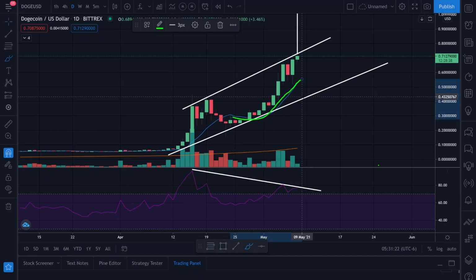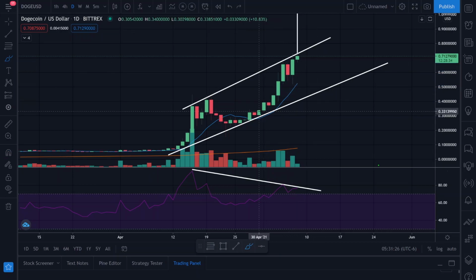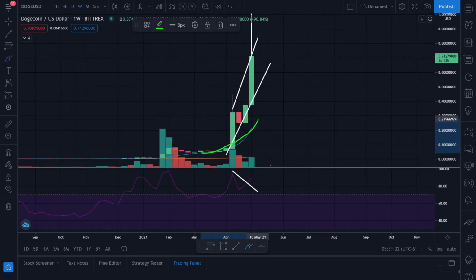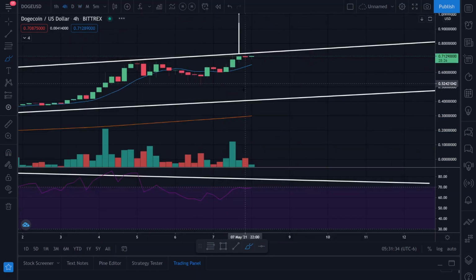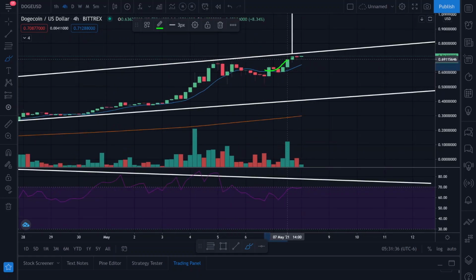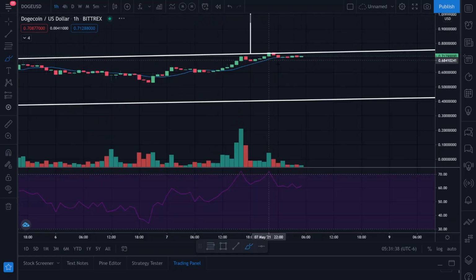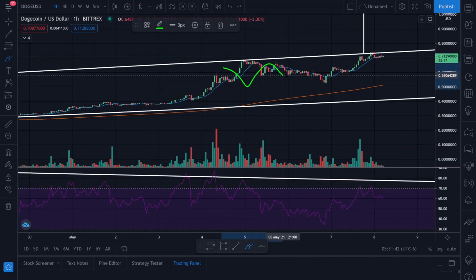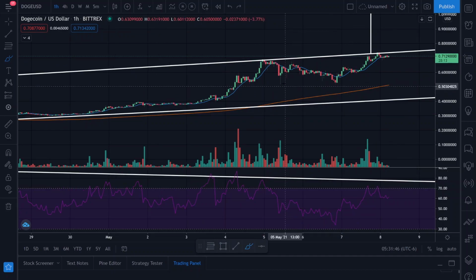We want to see these bounces on the daily moving average. That looks perfect, and the weekly time frame is looking nice. On the 4-hour time frame, we just broke above it. The hour time frame has been going in and out of it for a while, and that's maybe what's making me wonder what's going on, because we've been going a little sideways.